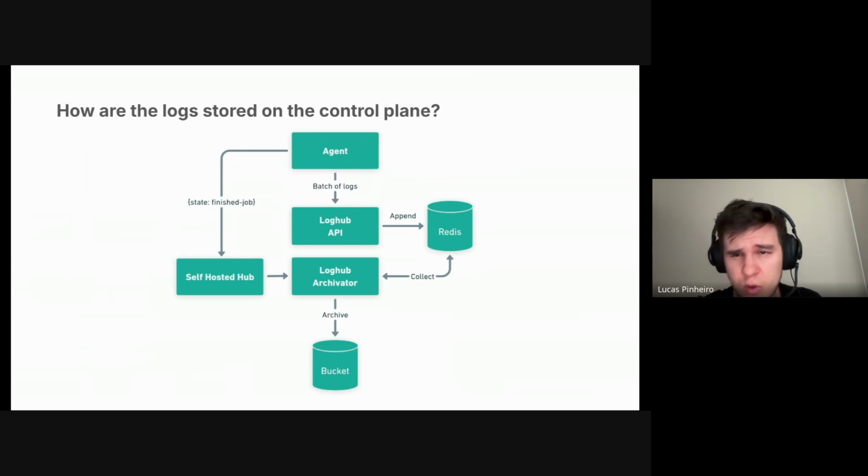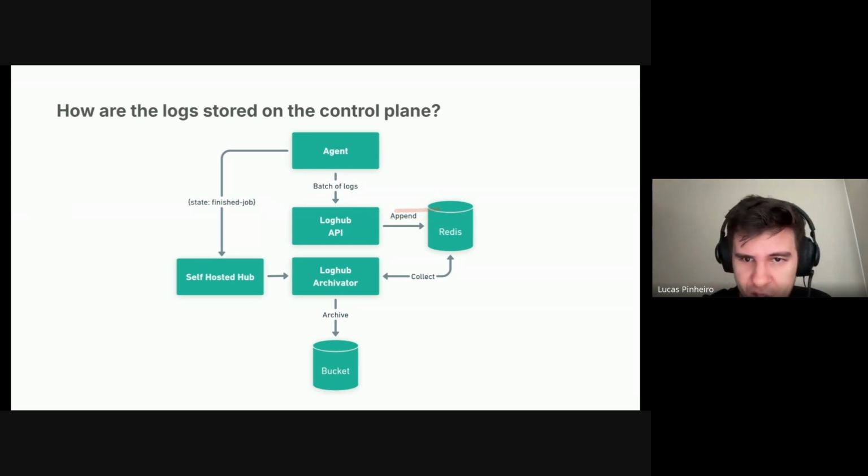Okay, let's look more closely at the data flow for these job logs while the job is running and also after it finishes. While the job is running, the agent is sending all these requests to the Log Hub API. The Log Hub API is appending them to this Redis server.